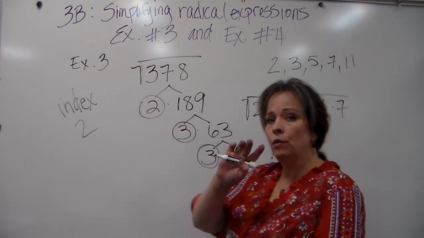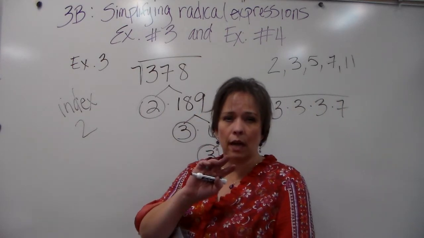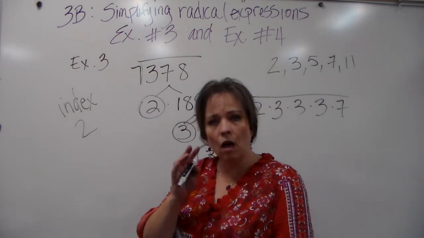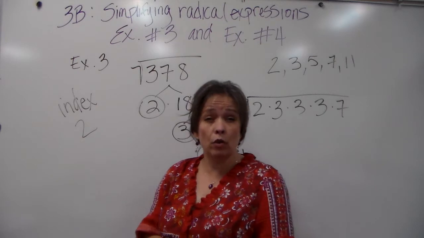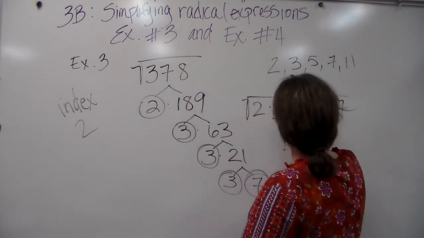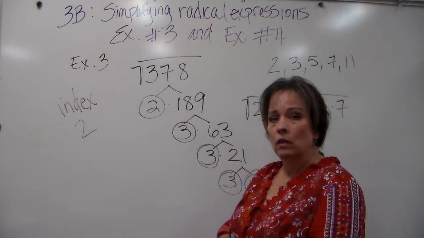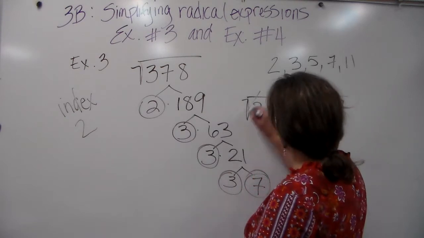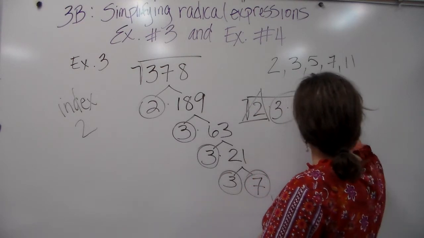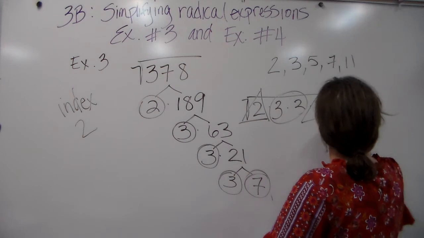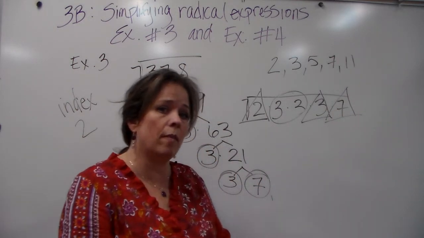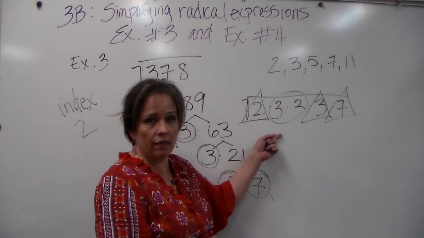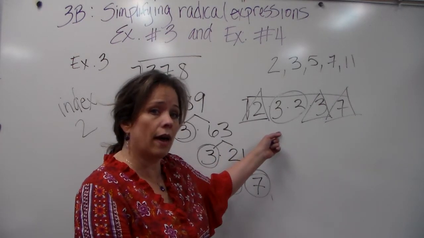We need 2 of the same term on the inside to solve that part of our radical, or to break out those 2 terms. So we have 2 3s there, but guess what? This guy doesn't have a buddy, no buddy for this 3, no friend for that 7. So all of those terms that don't have a match have to stay inside the radical.